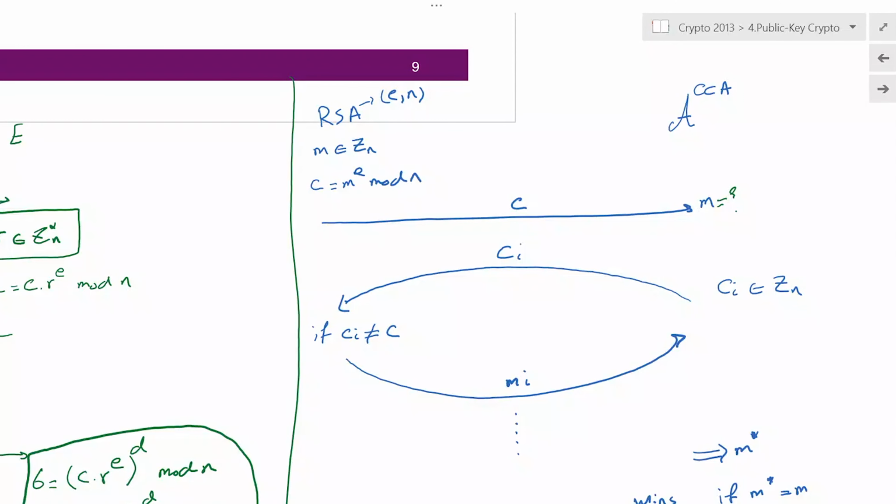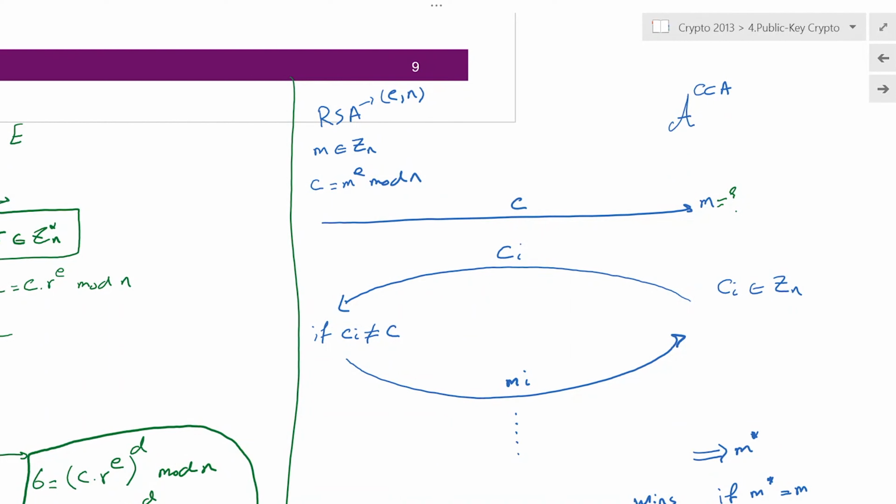ciphertexts, or sometimes even in a more strategic way, not really random. It really depends on the type of the adversary. And then the adversary would send the ciphertext, and the only thing that the crypto system would check is that this ciphertext that the attacker is querying shouldn't be equal to the challenge, because if you answer the query about the challenge, then it has already revealed the answer to this challenge, right?